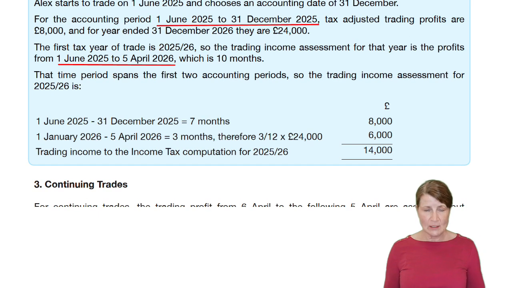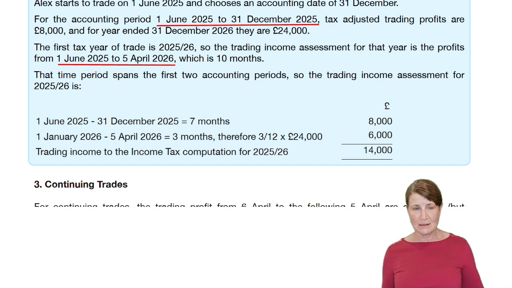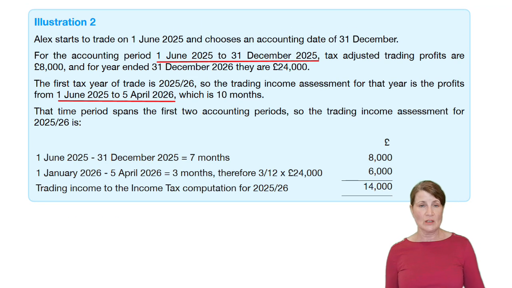And we're missing January, February and March of 2026. Now that 3-month period lies completely within our second set of accounts, which is 12 months long. Once again, profits and losses are deemed to accrue evenly, so we're simply going to take 3/12ths of that profit of £24,000 for the year ended the 31st of December 2026.